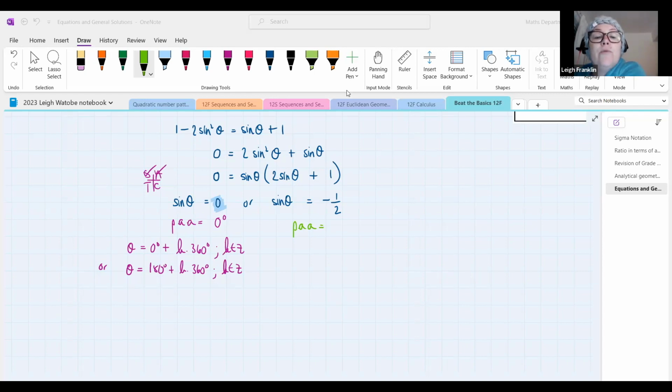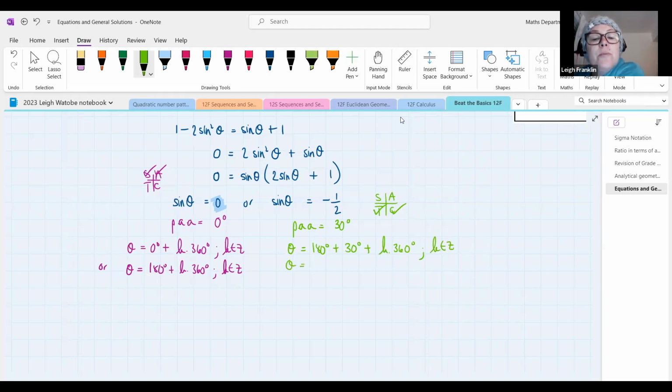The negative is there to tell us which quadrants to work in. Yes, Lebogang, quite right. Our PAA or RA is 30 degrees. Cast diagram. Now we've got to work where sine theta is negative. Quadrants 3 or 4. So in quadrant 3, we will say our angle theta is equal to 180 plus our PAA plus k times 360, k is an element of the integers.